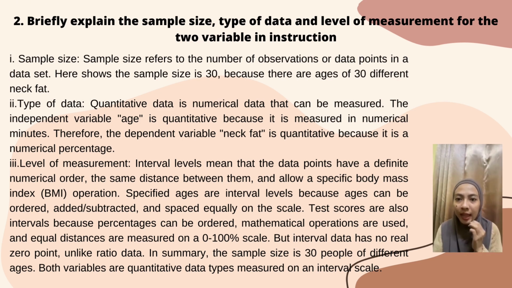But interval data has no real 0 point, unlike ratio data. In summary, the sample size is 13 people of different ages. Both variables are quantitative data types measured on an interval scale.